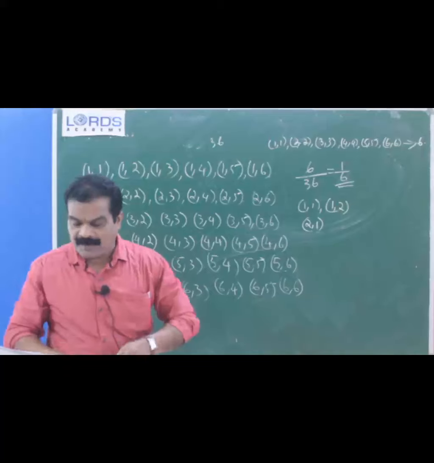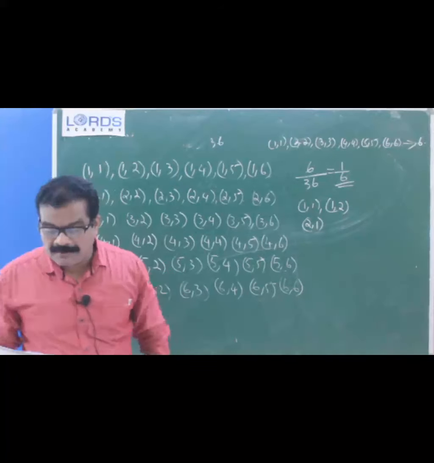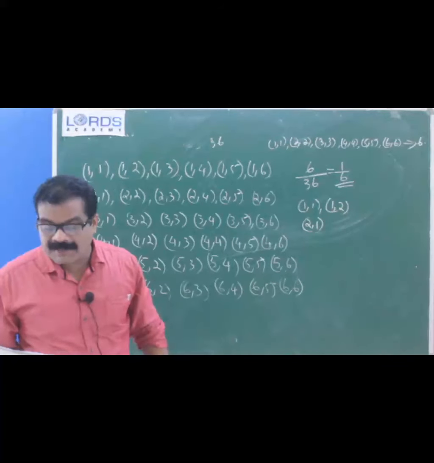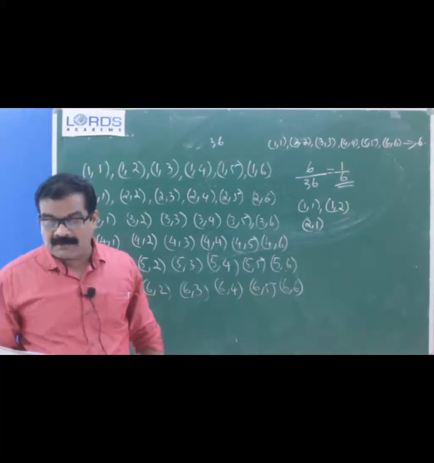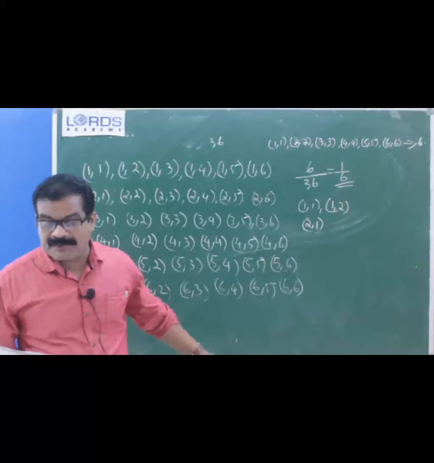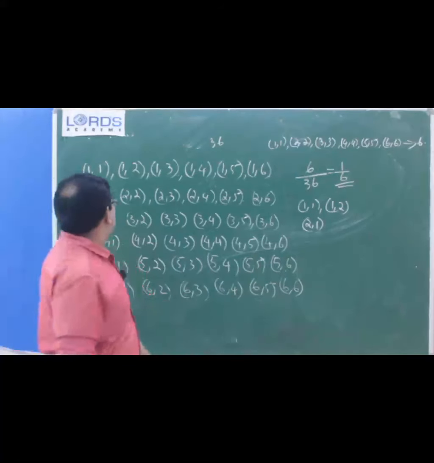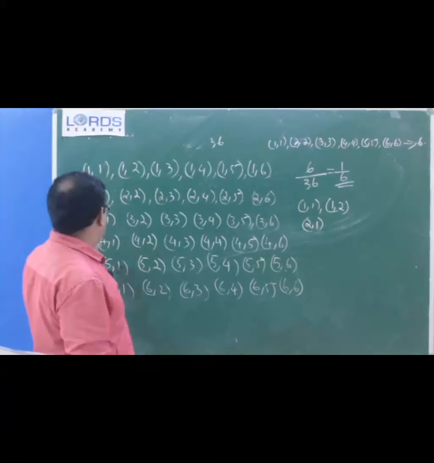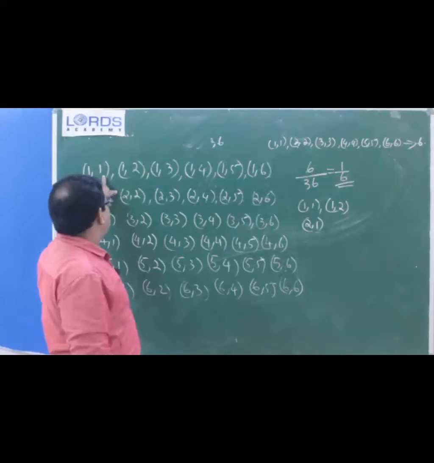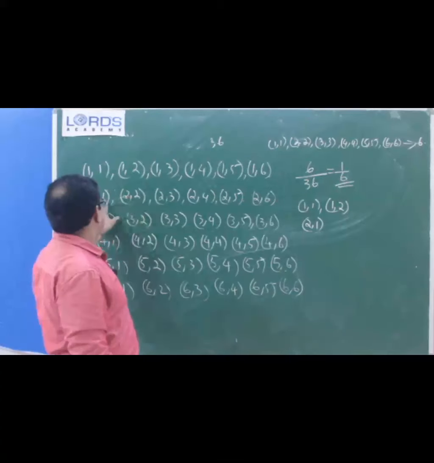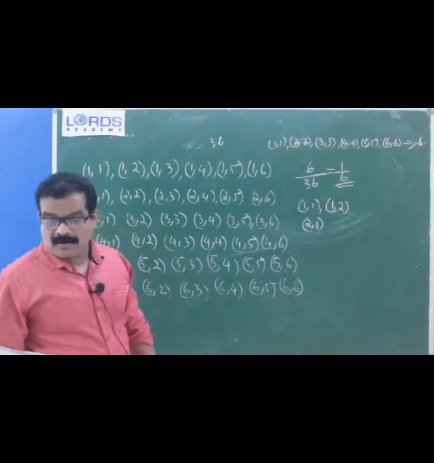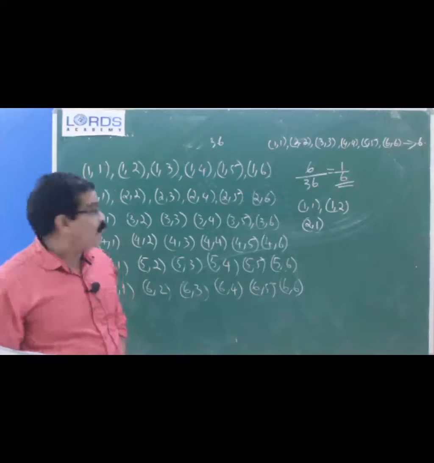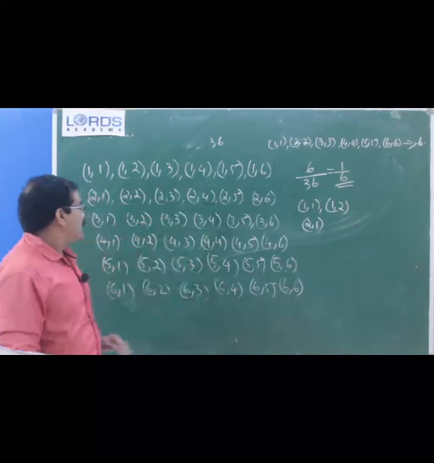Once again, the question: a number less than 3 on each side. Sorry, not 4. Less than 3. Less than 3 will be how much here? 1 1, 1 2, 2 1. Okay. Then can you find out that one? Anyone please?